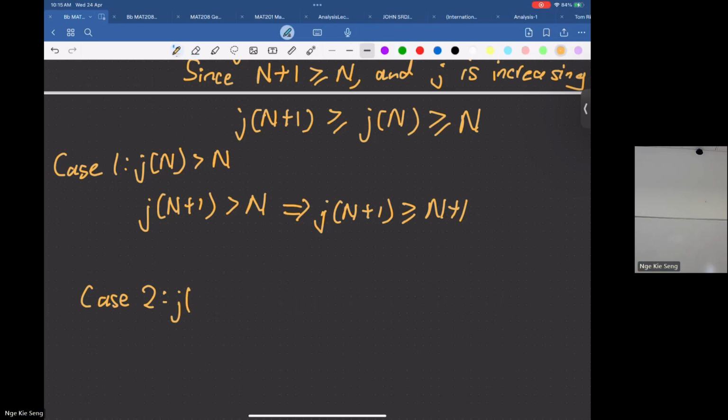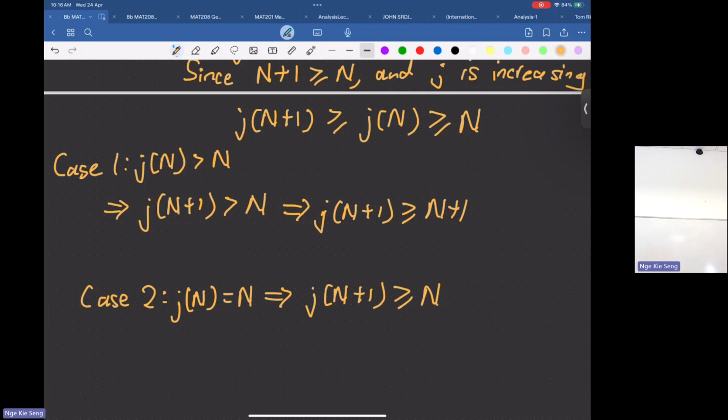So if Jn is strictly greater than n, this would imply that Jn+1 is strictly greater than n. Then we have this result just now. If Jn equals n, this implies that Jn+1 is greater or equal to n. Correct? If Jn+1 is greater than n, we are good.